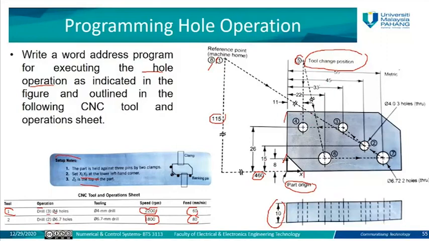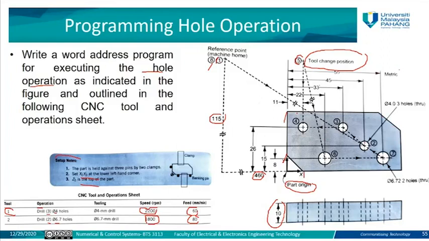Although some of the dimensions are not listed, based on some simple calculation you can find the rest of the values, like we did in the previous examples for linear profiling and circular profiling.